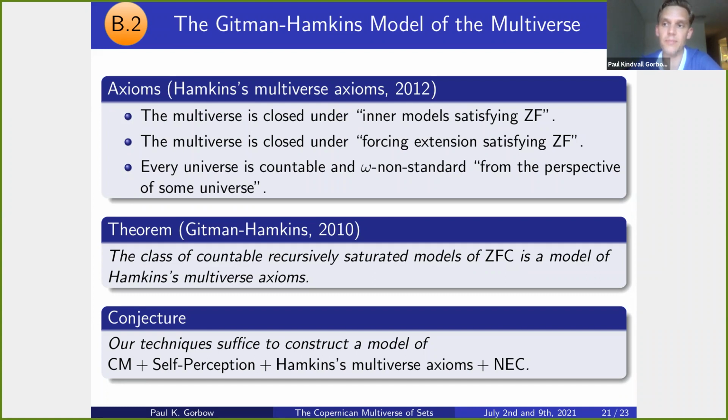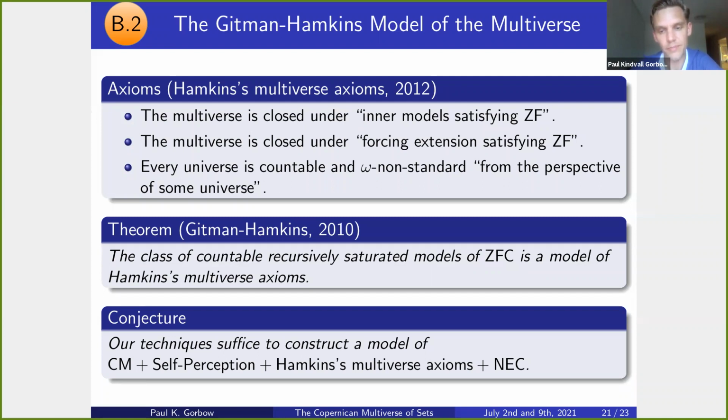So it's striking that there's such a similarity between these models, and so therefore we conjecture that if we combine these theories, basically our techniques should suffice to construct a model of the combined theory, also adding these Hopkins multiverse axioms to the theory.